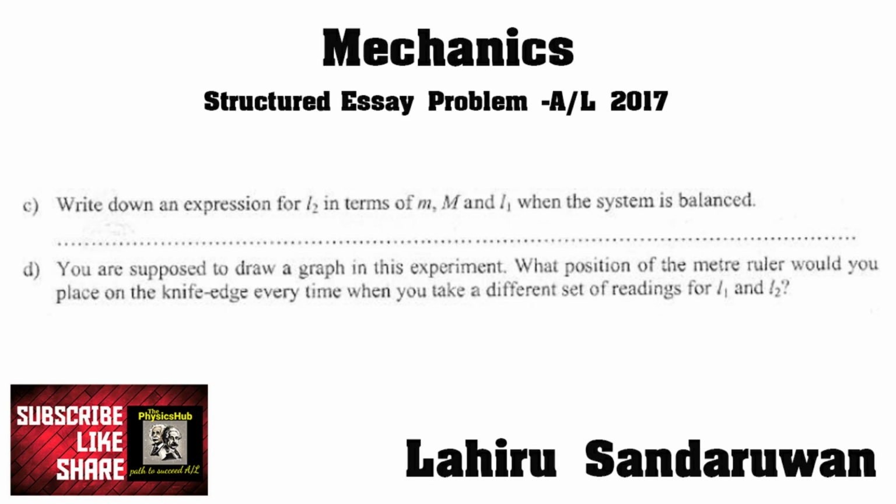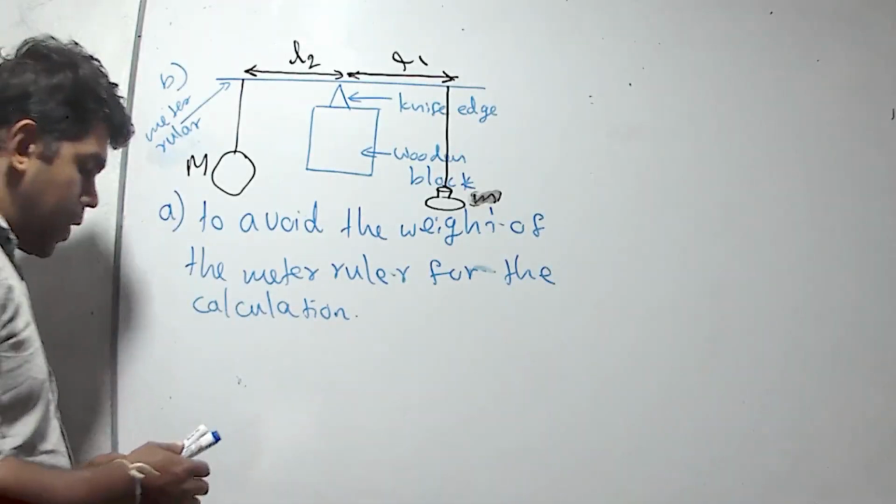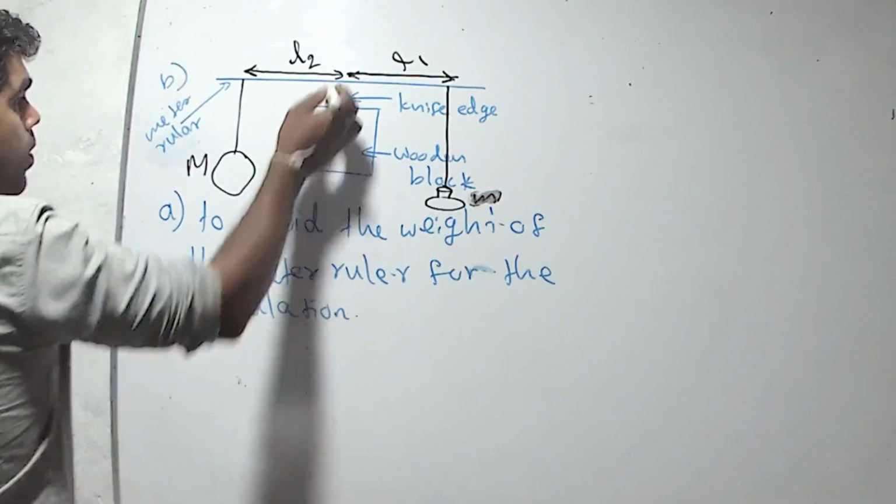Then part C: write down an expression for L2 in terms of simple m, capital M, and L1 when the system is balanced. We can write the equation by taking torque around this point.